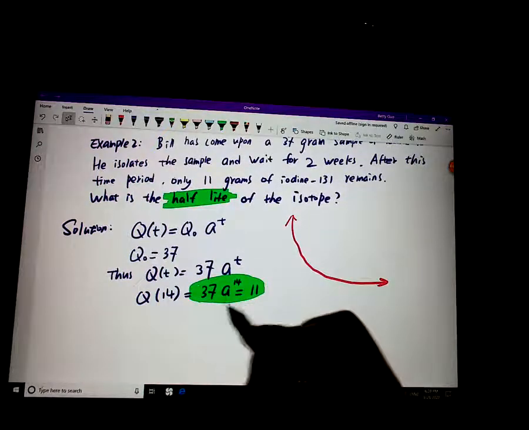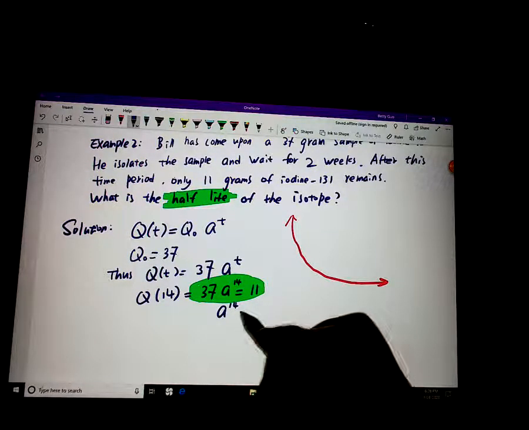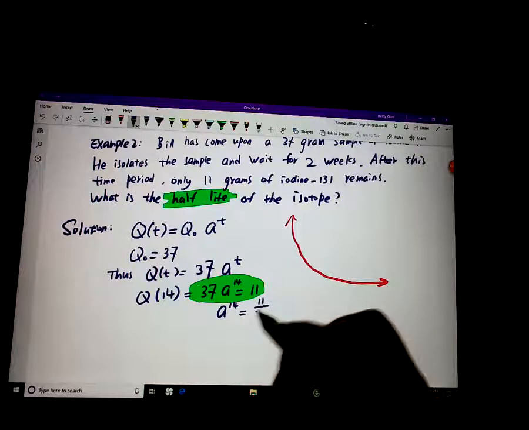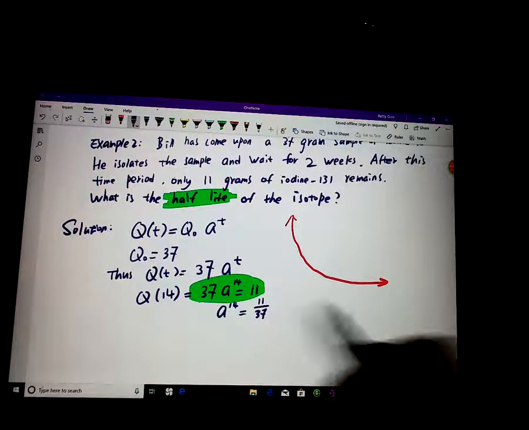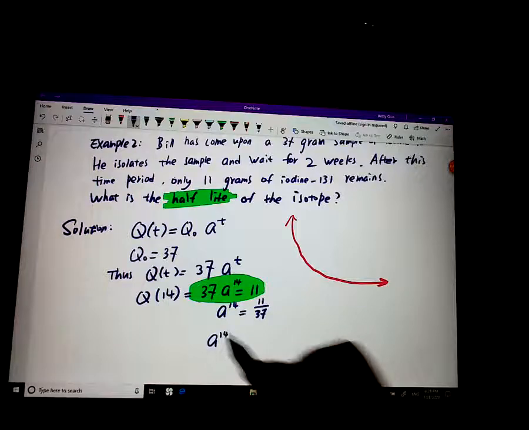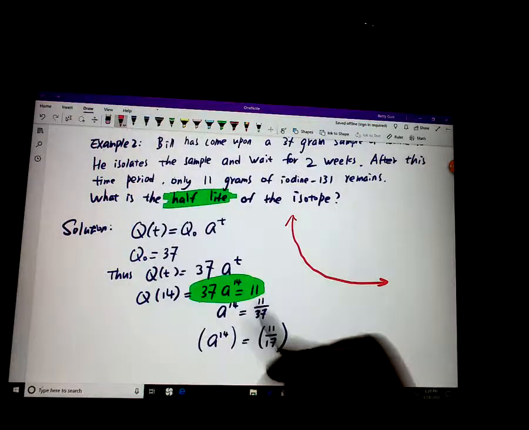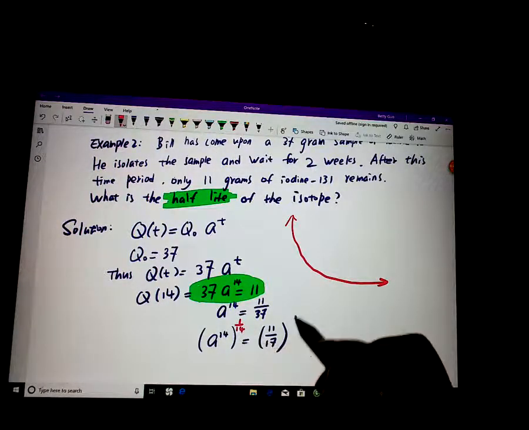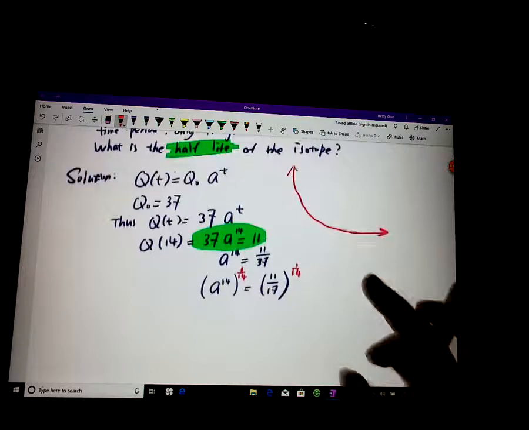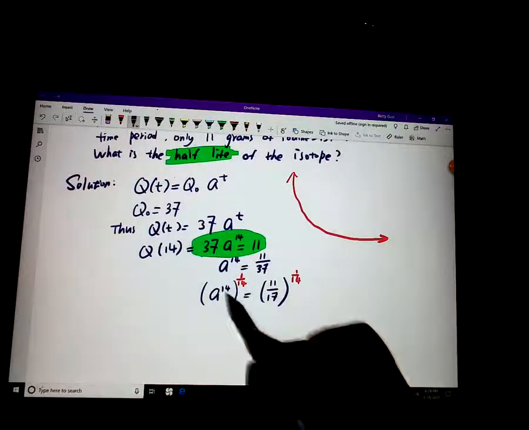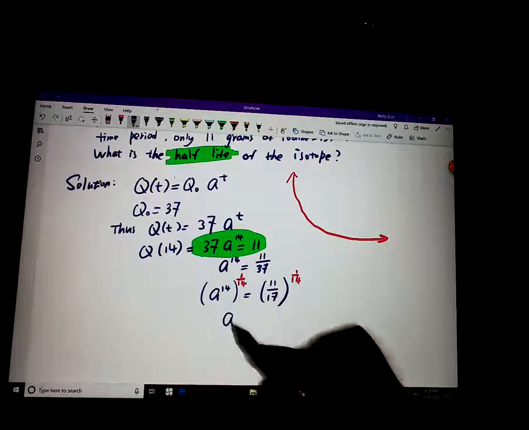Divide both sides by 37. We have a to the 14th power equals 11 over 37. And then we are going to raise both sides to the power of 1 over 14. That is kind of tricky, right? Then 14 times 1 over 14 equals 1.